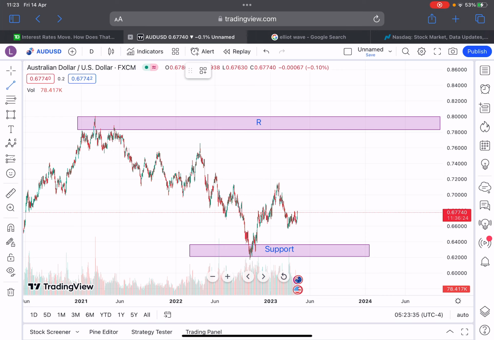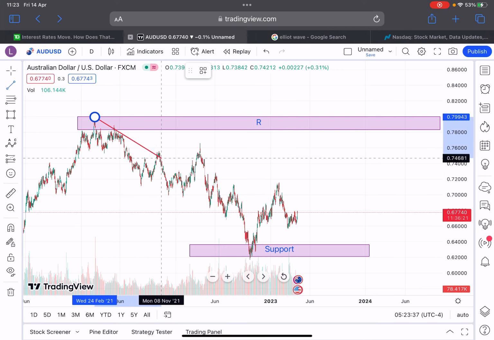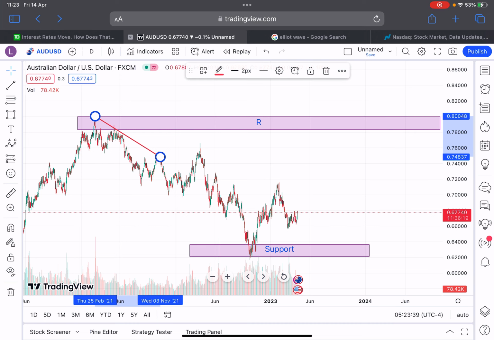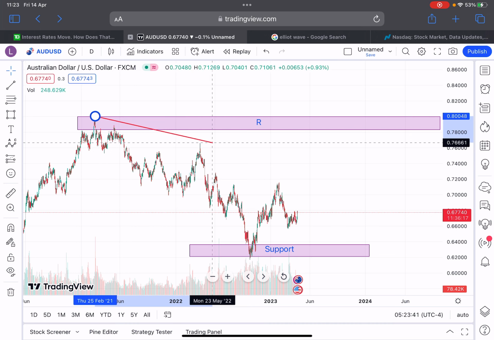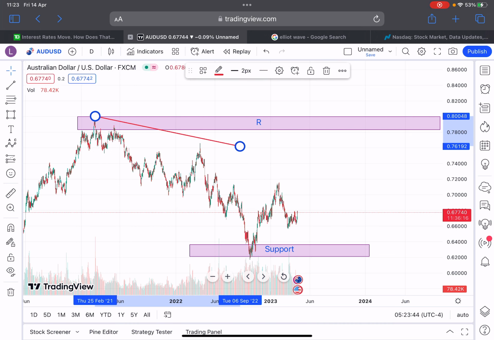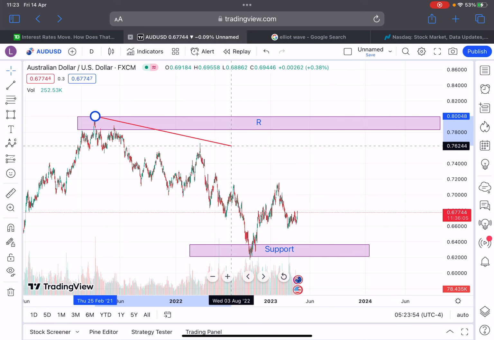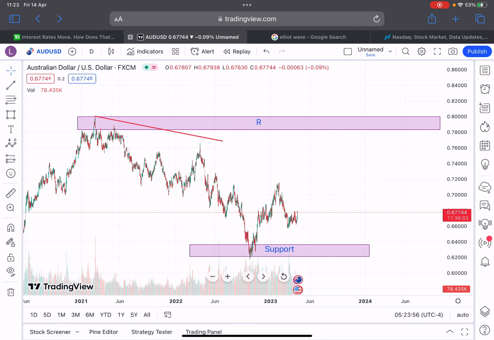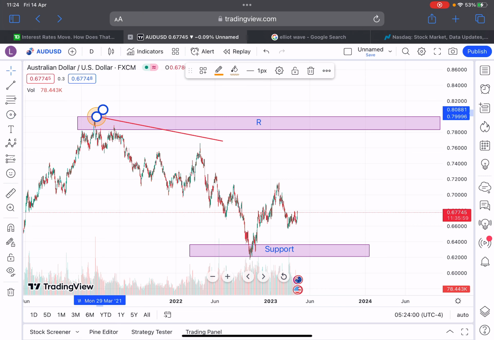From your resistance, you will have your touch 1, so the higher price where there was a change of direction. On your support, it would be the lowest price where there was a change of direction. So right there you have your touch 1.